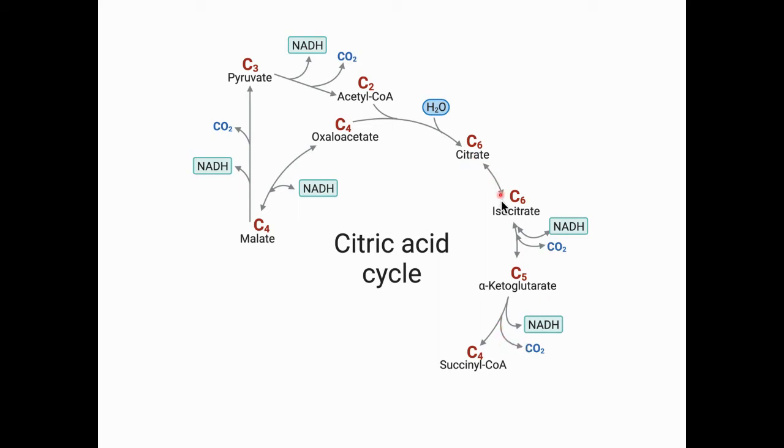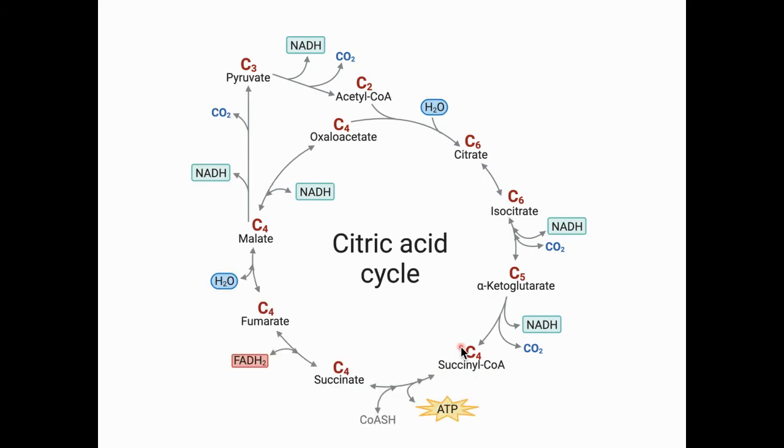Firstly, it will be converted into isocitrate, just an isomer of citrate, and then losing electrons and one carbon, it becomes alpha-ketoglutarate. You can notice that it is composed of only 5 carbons now. Again, it loses electrons and one carbon as carbon dioxide and becomes a C4 compound, which is succinyl-CoA.